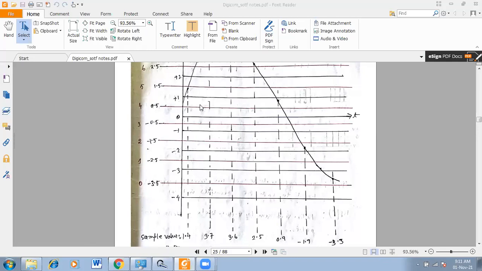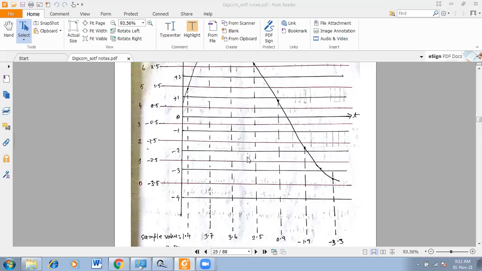That means this point 1.4 or 3.7, whatever sample point you are getting, this amplitude must be represented by means of 3 bits. Okay, so 000, maybe 010, 011, 111, by means of 3 bits.